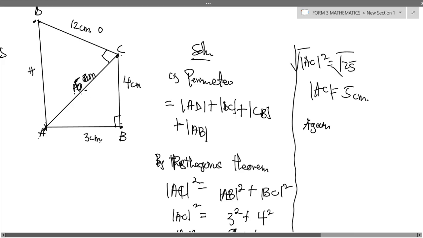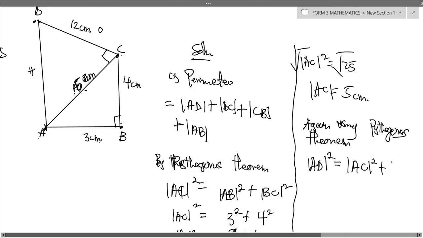Now, again, using Pythagoras theorem, so now we have here to be 5 centimeters. So taking triangle ADC into consideration, we are to find AD. So again, using Pythagoras theorem, AD, which is our hypotenuse, equal to AC squared plus DC squared.